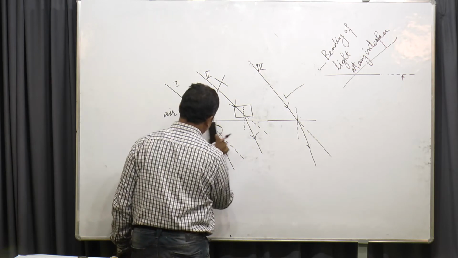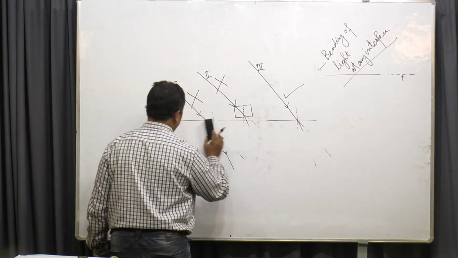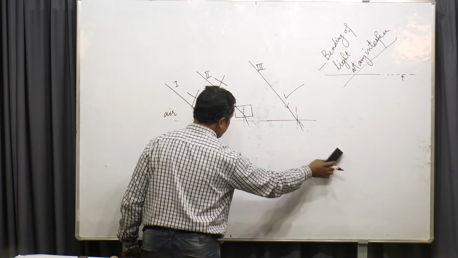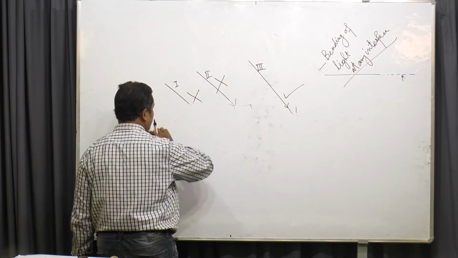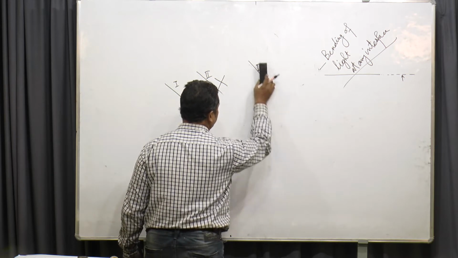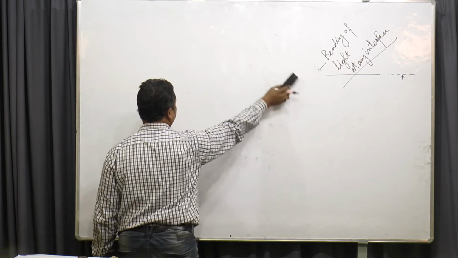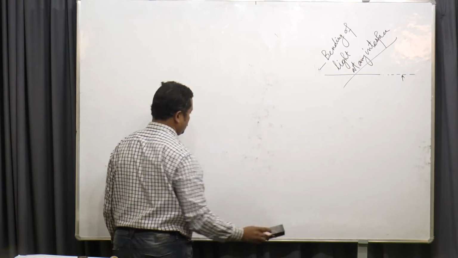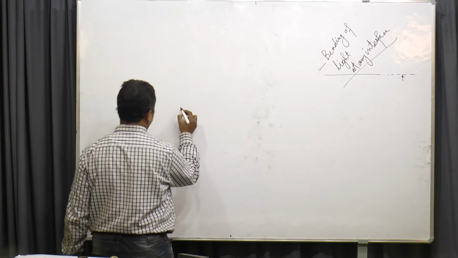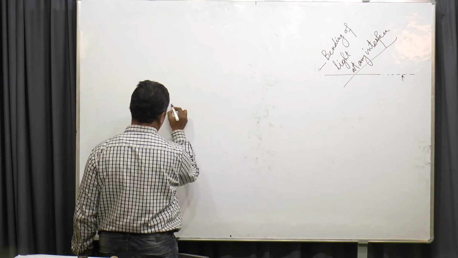Now in the beginning I told you the Euclidean geometrical concept of ray optics. So one thing you can be sure of is the retracing of the path. Let me show.